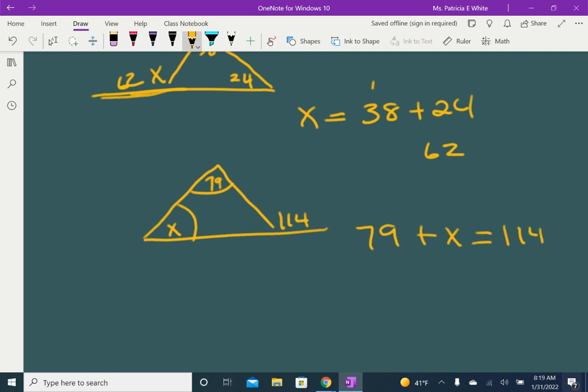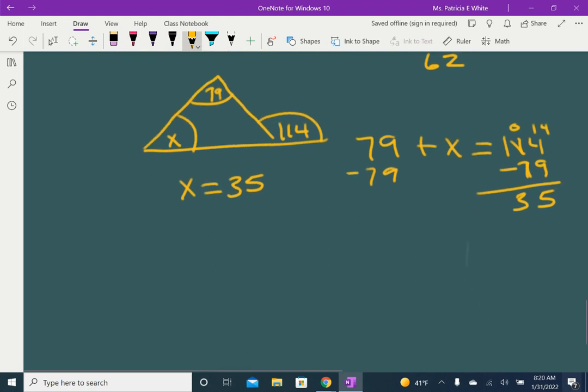Opposite interior angles equal the exterior. One-step equation, 79. Do a little borrowing. 14 minus 9 is 5. And 10 minus 7 is 3. So x equals 35. Okay.